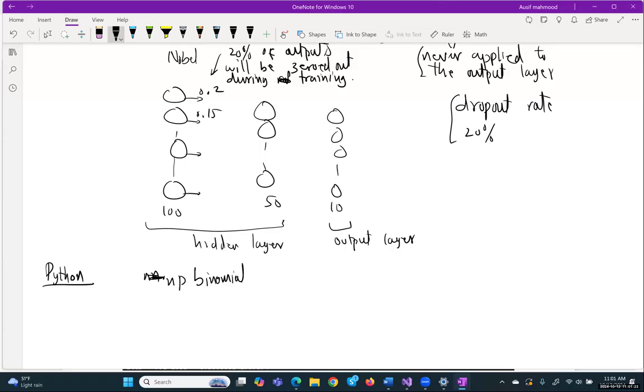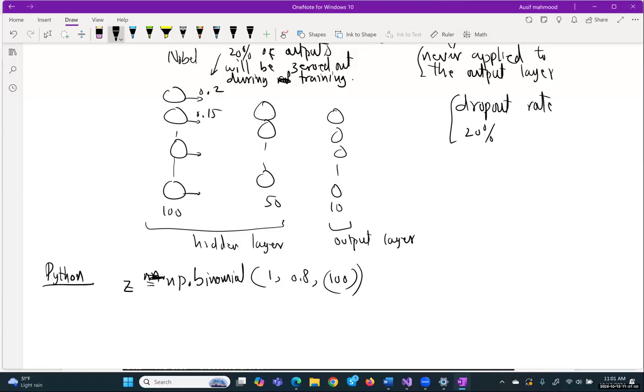I think it was np.random.binomial, right? And then we will say 1, comma, 0.8 as an example. Suppose I call it Z, so Z equal to np.binomial 1, comma, 0.8, and suppose I put 100 over here.